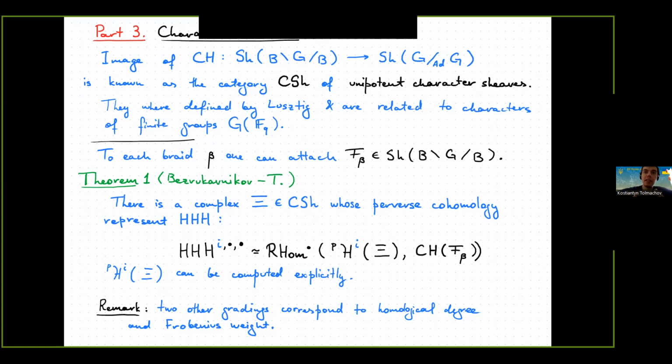So in this part, it is important that I work with the mixed categories of sheaves. You really need some sort of theory of weights to recover the third grading.